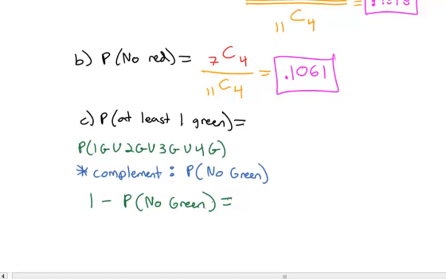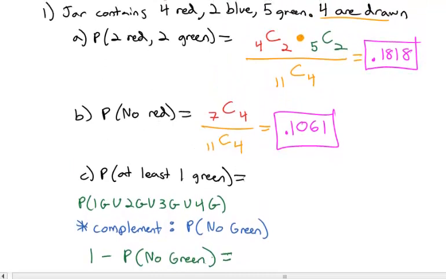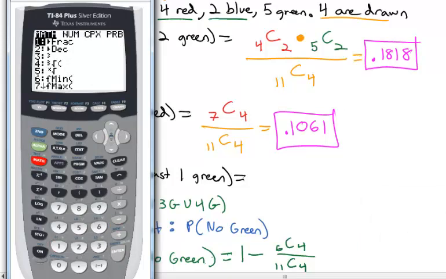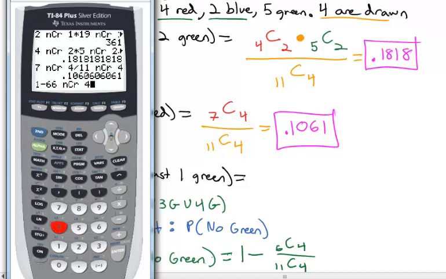So let's do that. I lost the number of marbles we're working with. Here we go. Keep them on the screen. We've got 1 minus no greens. So the non-green marbles, that's the 4 red and the 2 blue, there's 6 to choose from. We're going to choose 4 of them, over, we said there's 11 total marbles to choose from, and we're going to choose 4 of them. So on the calculator, 1 minus 6, math, over to probability, down to combination. Choose 4. Whoops, not 66. Delete one of those 6's.